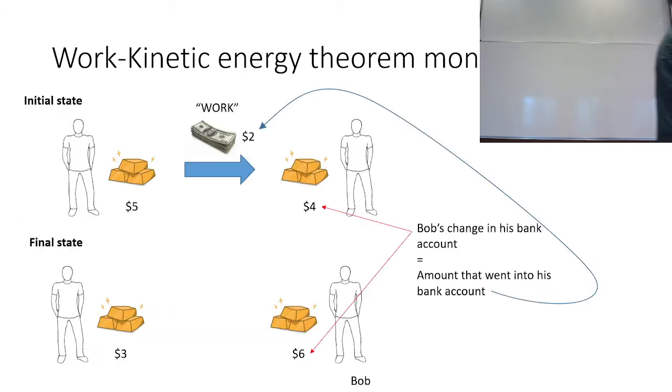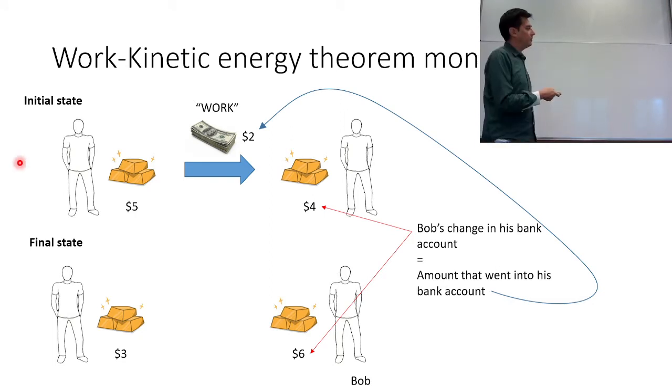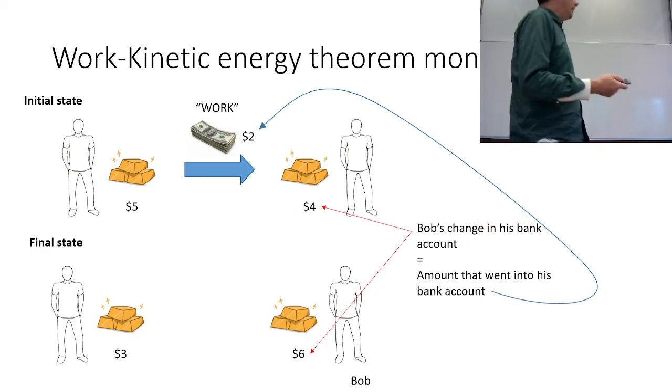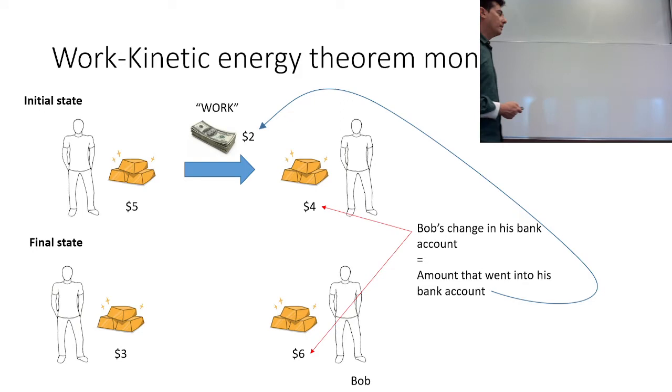And the money analogy is that the work is the amount that you transfer. So, of course, the change in the bank account of Bob here has to be equal to the amount that has gone into his account. So it's obvious from a money perspective, but basically that's the thing that the kinetic energy theorem is saying.